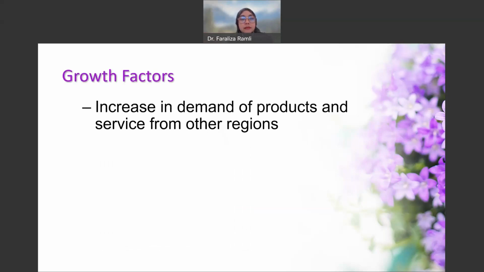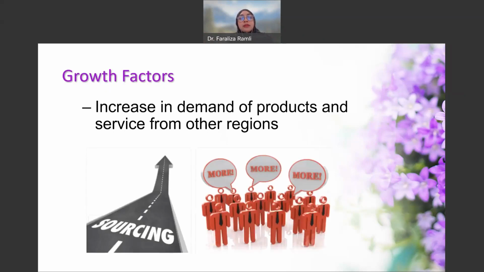Actually, we have to know how to identify the target market and prepare a customer profile. Customer profile means we know who you are, we know your background, maybe your work, salary, income, education, something like that.